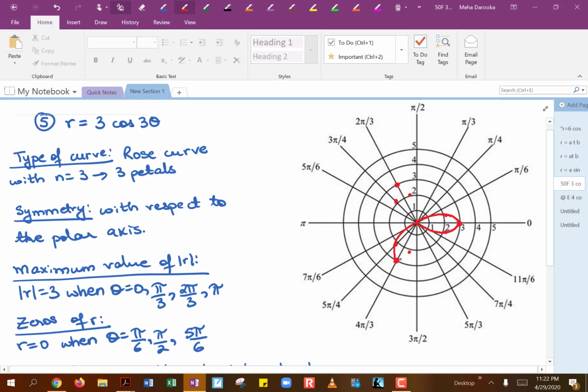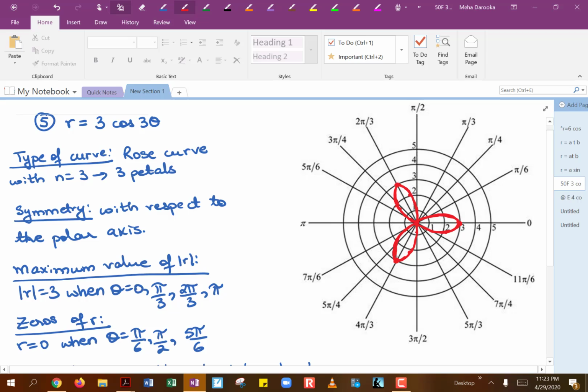Okay, and then our third petal. Okay, there you go.